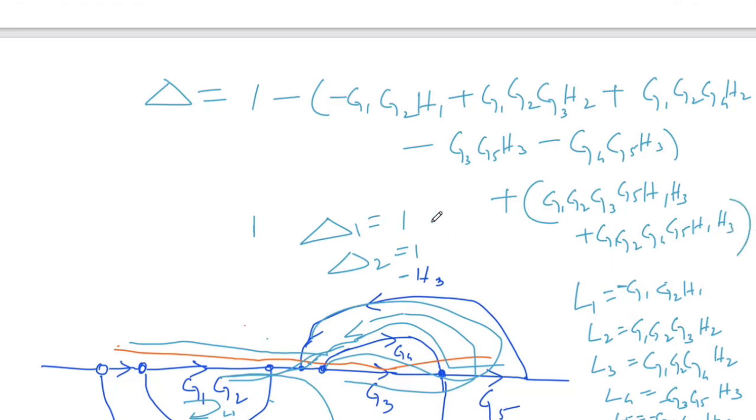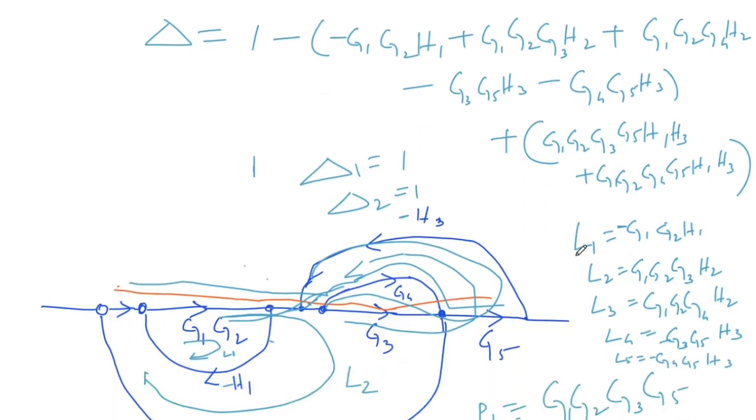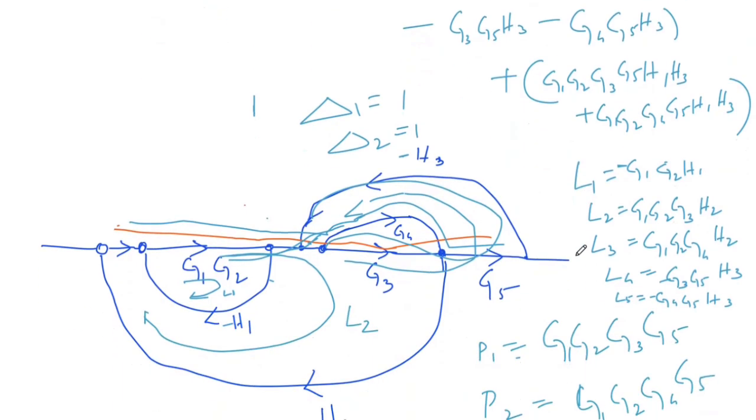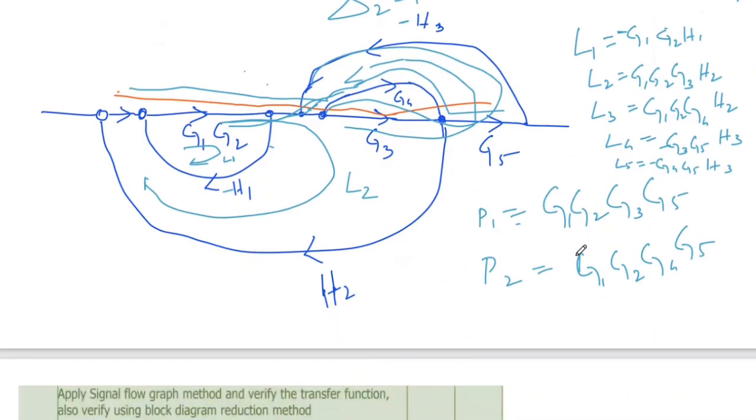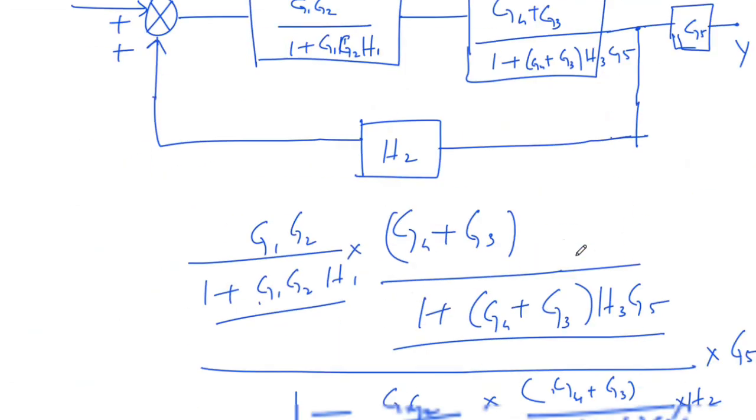So this is the denominator, and numerator is G1, G2, G3, G5 plus G1, G2, G4, G5. Let us see whether that is matching with what we got.